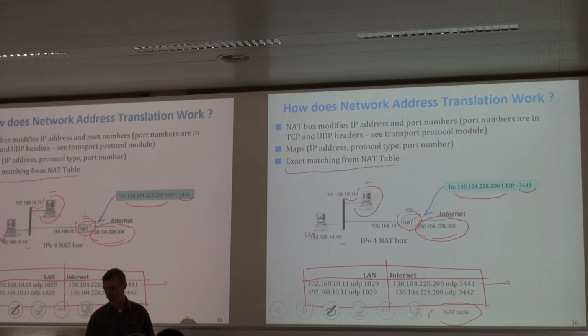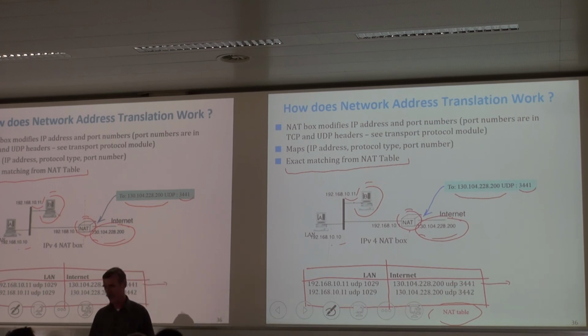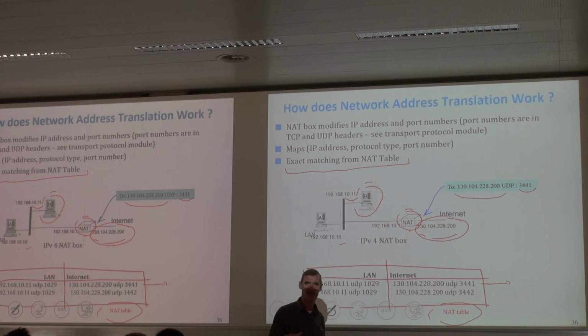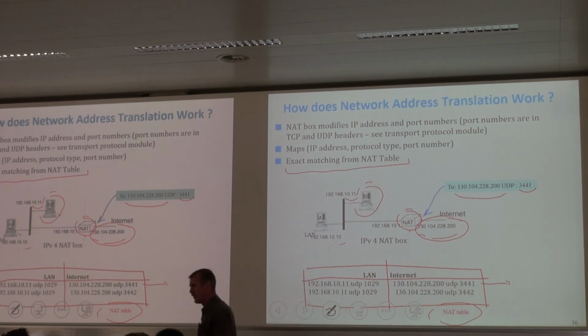It will look in the NAT table for an exact match. Now the destination address comes from the internet side of things. So I go to the internet column and I look here, I have only 2 entries. I look whether one of the 2 matches exactly what I see in the packet. And what I see in the packet is the IP destination plus the port number. Now there is a match.